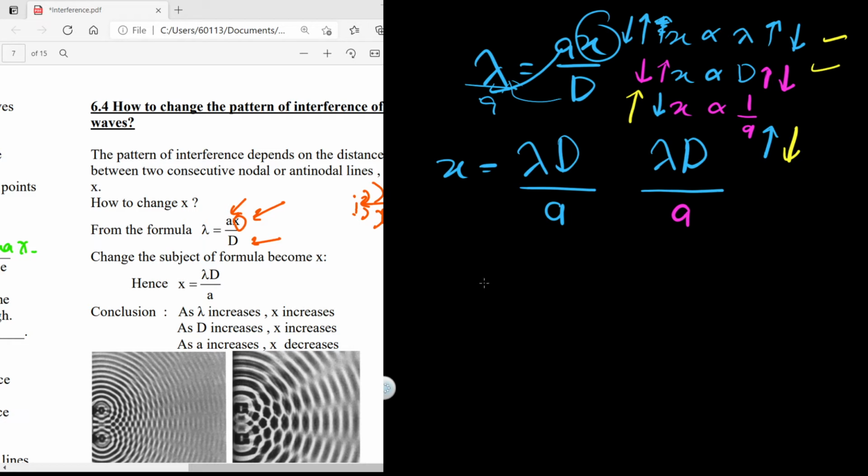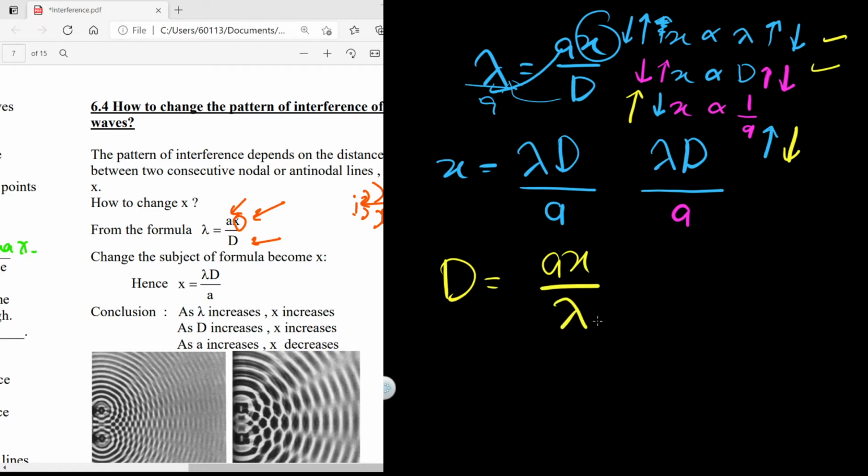That is how we can change the subject. Let's say you want to see what the effect of D is. So you want to make D our subject: D equals AX over lambda.